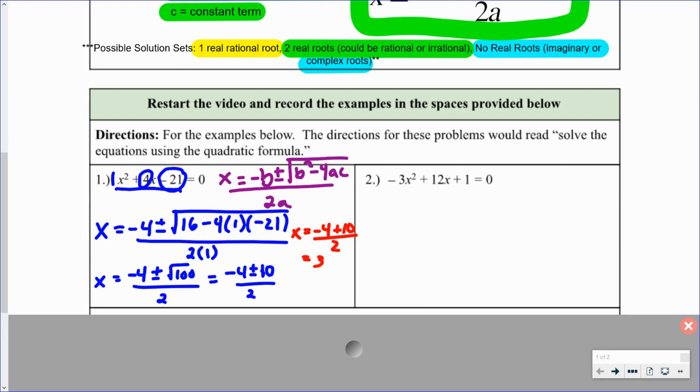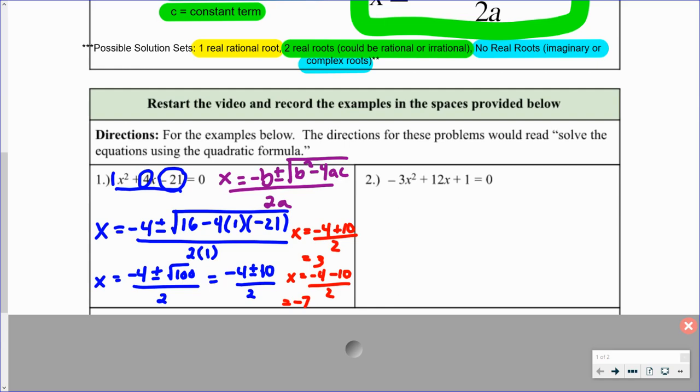Negative 4 plus 10 is 6. 6 divided by 2 is 3. And then x is also going to equal negative 4 minus 10 over 2. Negative 4 minus 10 is negative 14, divided by 2 is negative 7.